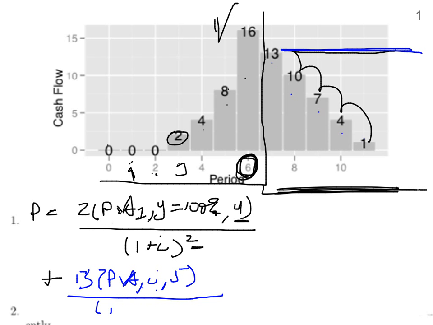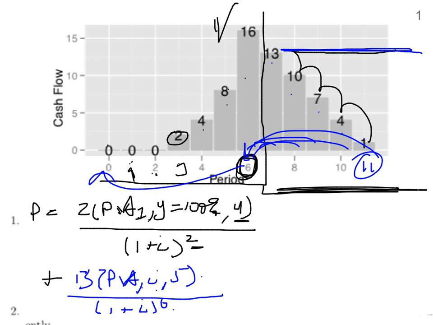And we know it has to be time shifted because it doesn't start in time period 1 like it's supposed to. But if you go ahead and use the trick, you notice the last time you see one of these 13 highs, it's in time period 11. So we know that the 6 here would work just fine. And if you think about it, the numerator takes everything, drags it over to time period 6, all these bits and pieces, and the denominator drags it from time period 6 all the way back to time period 0. So that's the first part, the 13s that are across.